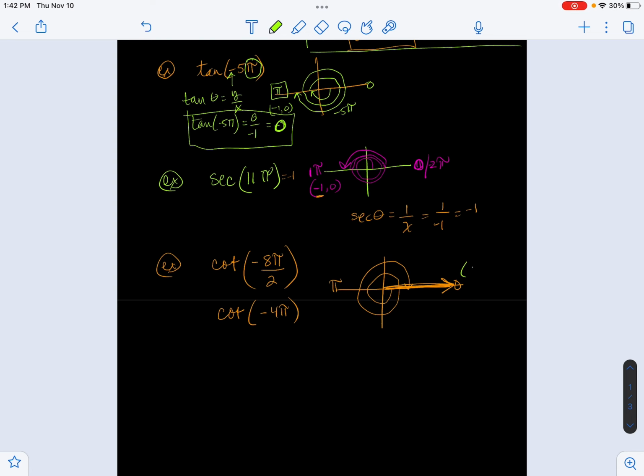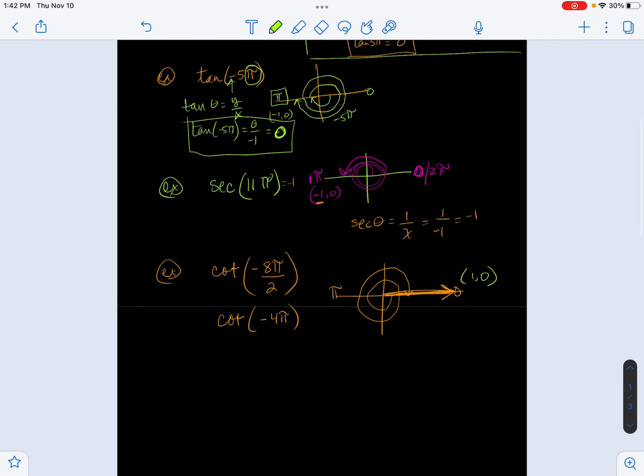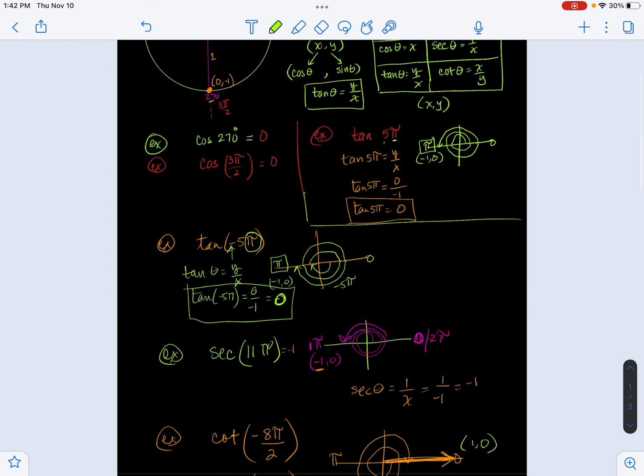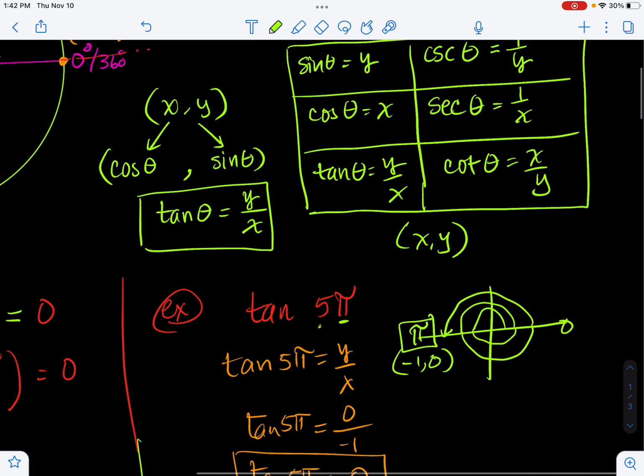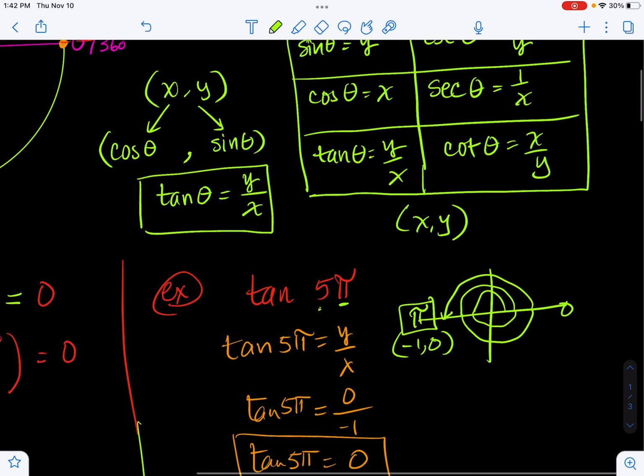Now I'm going to get the coordinates there. 1 comma 0, because I'm on the right side. And also remember, this is a unit circle. I'm not drawing that every single time, but just so you know, 1 comma 0. Cotangent is x over y. If you don't have that memorized, you can find tangent first and then take the reciprocal.